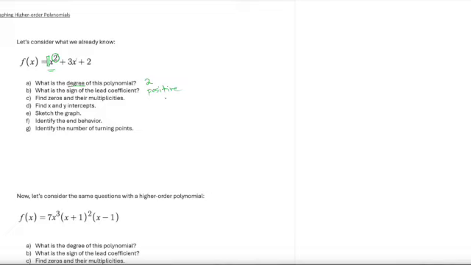So find the zeros and their multiplicities. Okay, so for part C, the zeros and their multiplicities. Zero is another word for, sometimes they're referred to as roots. Sometimes they're referred to as the x-intercepts.